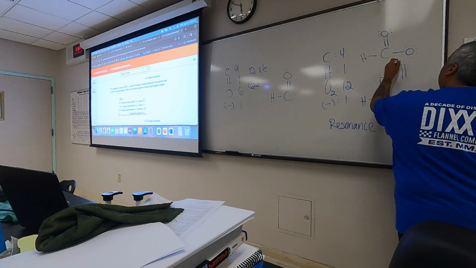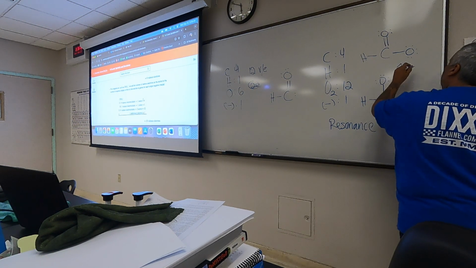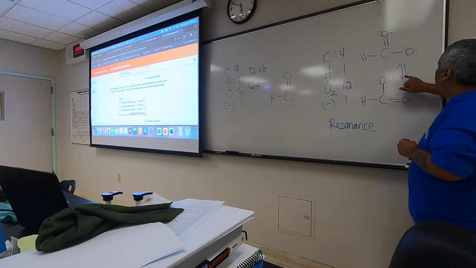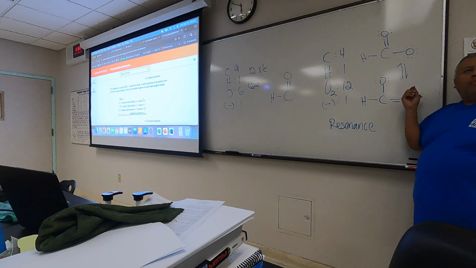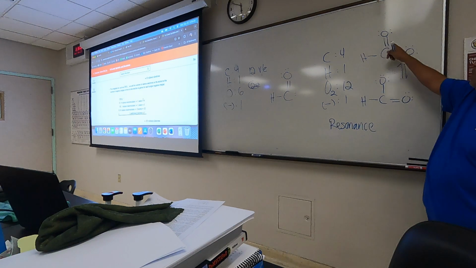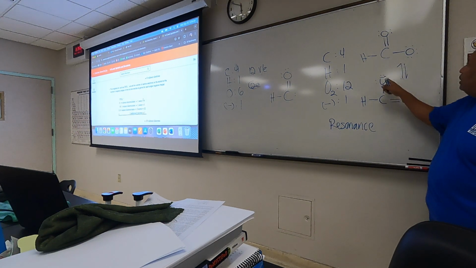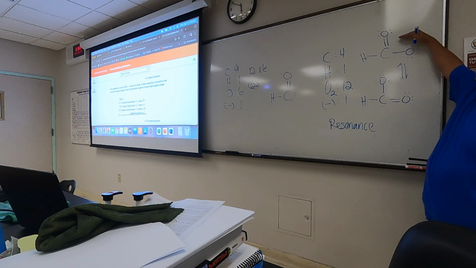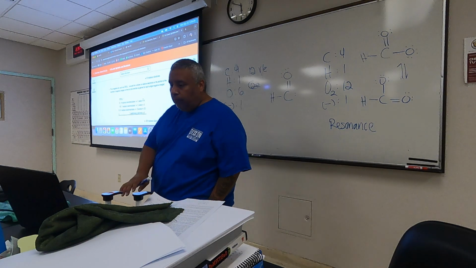These are what we call resonance structures. Oh, actually, there we go. Too many arrows there. These are what we consider resonance structures. They look different here simply because these electrons jump from one end to the other. So it can be written this way, it could be written this way. So these are what we consider to be resonance structures.